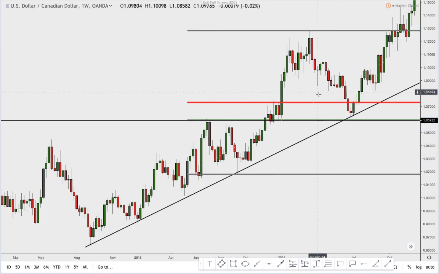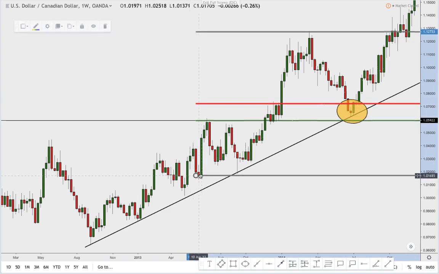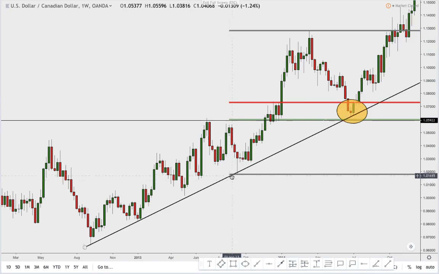As you can see, this area right here is known as your confluence zone. What do we have? We have trend line, we have Fibonacci. Remember, the rule of Fibonacci is that we draw it from swing low, swing high, pull back, in between.